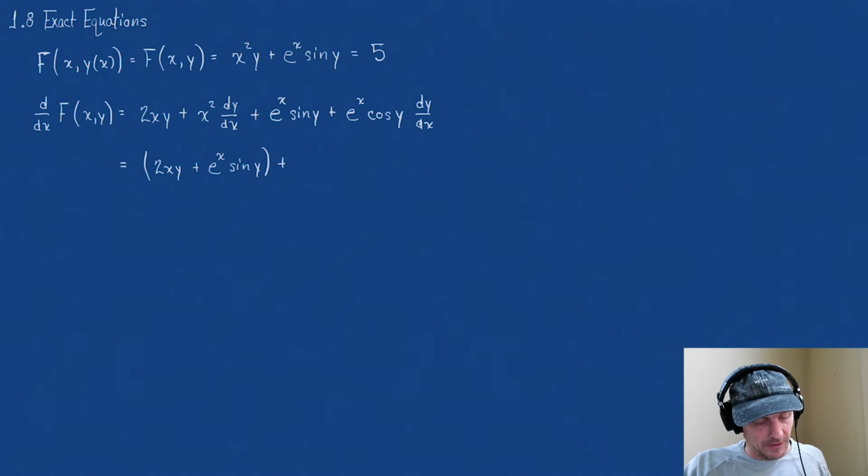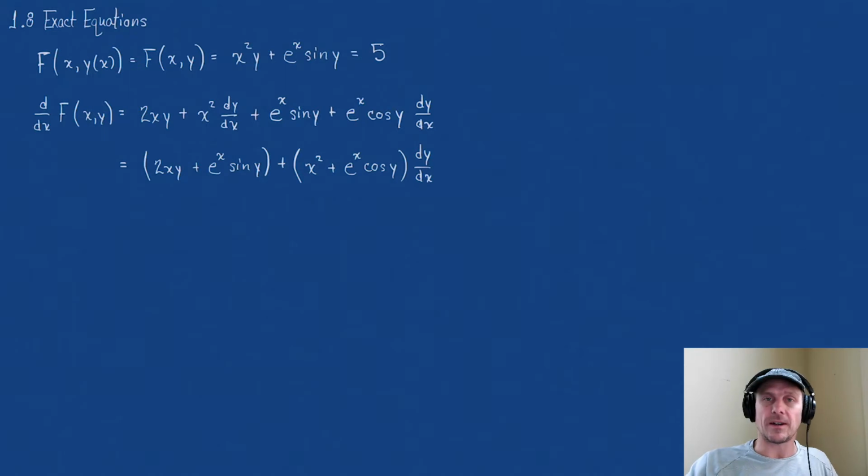Now our next group, I think that was it. So now our dy dx, I'm going to factor that out. So I'm going to write this as an x squared plus e to the x cosine y times dy dx. And there it is.